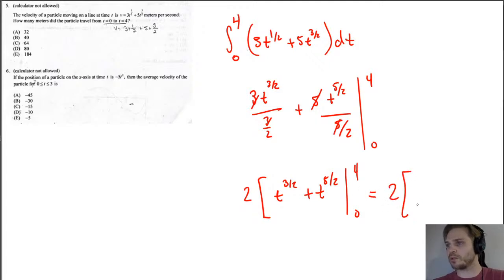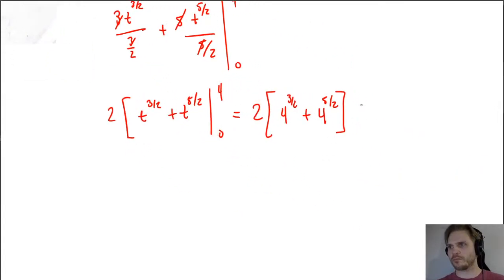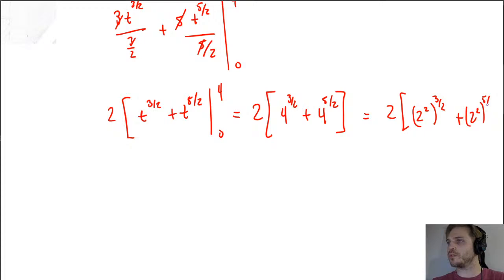So this is 2 times 4 to the 3/2 plus 4 to the 5/2, and that's going to be, 4 is 2 squared. So this is 2 squared to the 3/2 and 2 squared to the 5/2.